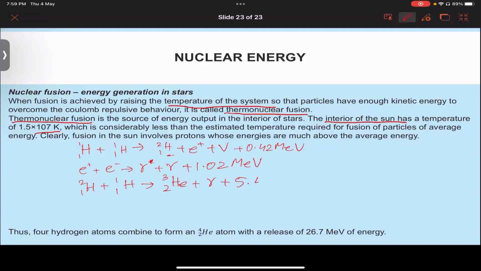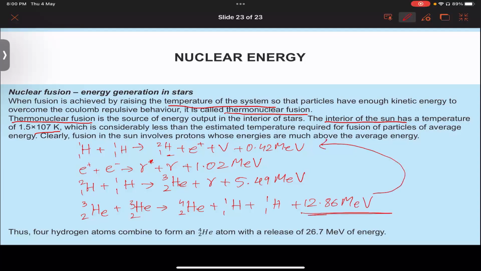So gamma radiation is given out. Then this isotope of helium fuses together with another, where you get your helium nucleus, and you have two more hydrogen released, and a big amount of energy that will again drive this reaction.